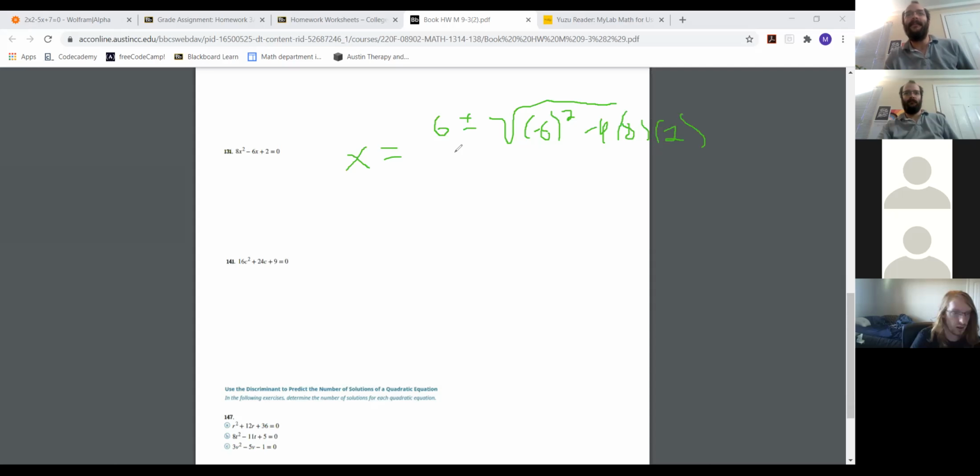When I simplified it down, I got 6 plus or minus the square root of -28 over 16. This is 36. The 8 and 2 are positive, so 36 minus 4 times 8 times 2. So in the square root, you got a minus 28. Is that what you're saying?